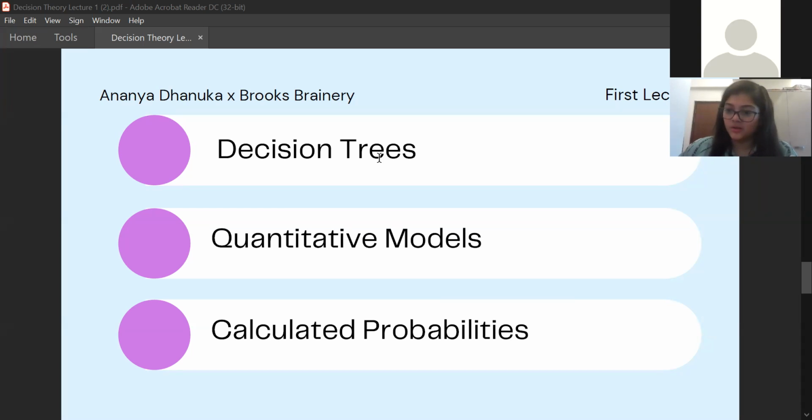What are quantitative models, right? Quantitative models are essentially the economic equations that we are using. So how are we quantifying the preferences? And that's something that we're going to heavily cover in the next class. How are we defining preferences? How does economic theory define which preference is greater than the other, and what is the mathematical expression of these preferences?